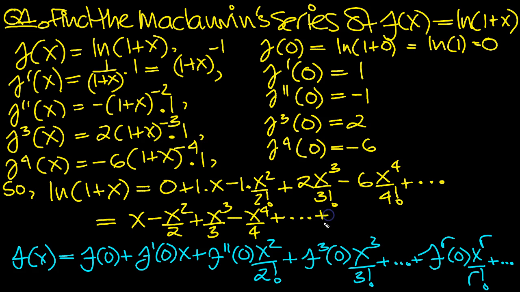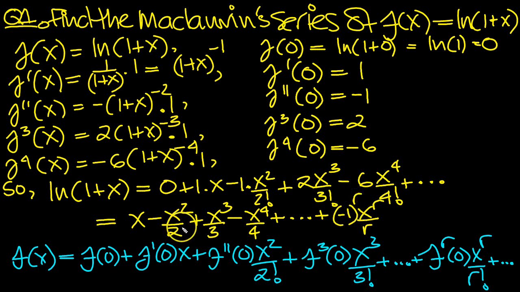So what have we got? If we were writing the x to the r term, it would be x to the r over r. Now we're going to have to write a positive or a negative one, because it alternates in sign. Well, it would be minus 1 to the r plus 1.